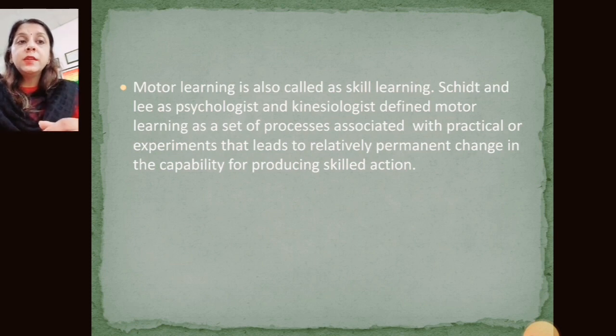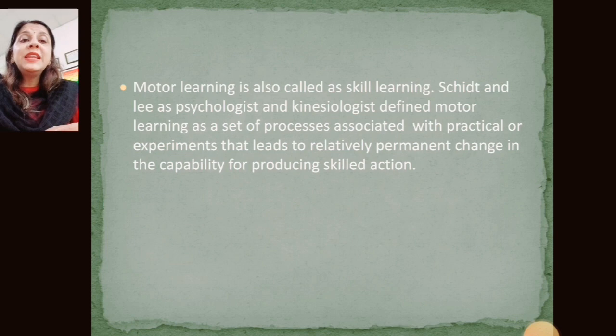Another name for motor learning is skill learning. Skill learning means it can be observed through skill changes. As we become masters in a particular skill through practice and experience, we become learners. So it is skill learning that can be inferred in our motor behavior.